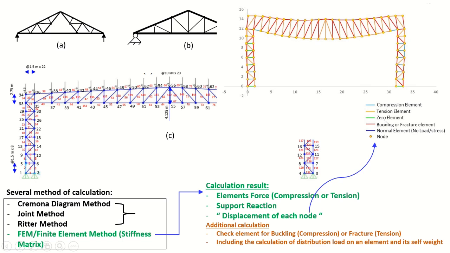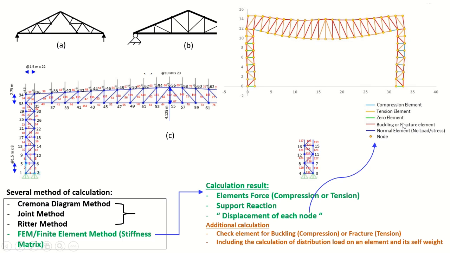Green means the element has zero stress or zero force. You see, this is green. And red, this is a red element. It means this element is suffering a buckling or fracture.